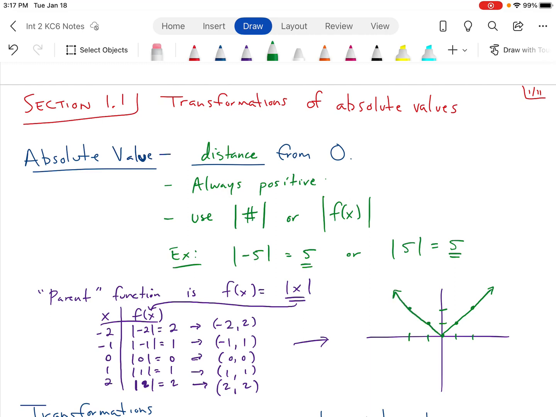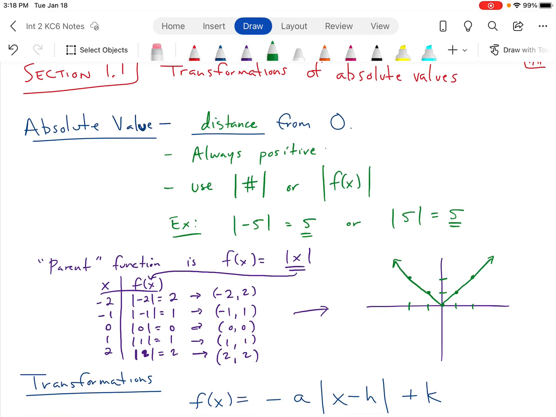So every time you have absolute value inside an equation, your graph is going to look like a V. So this is our parent function. We are going to start all of our transformations from here. All of our transformations are going to start from 0, 0.